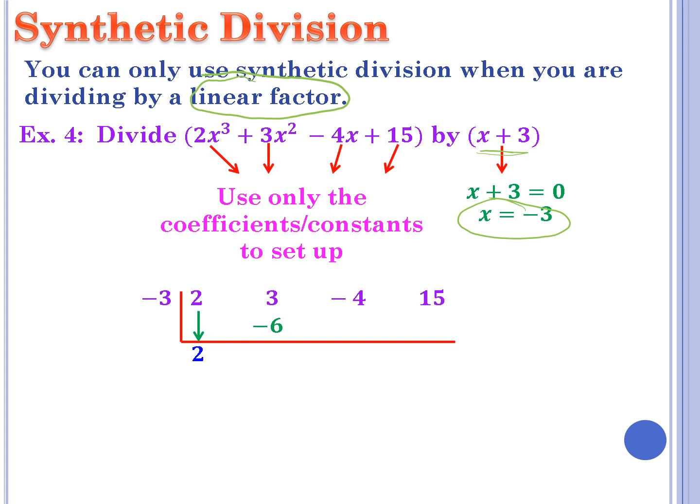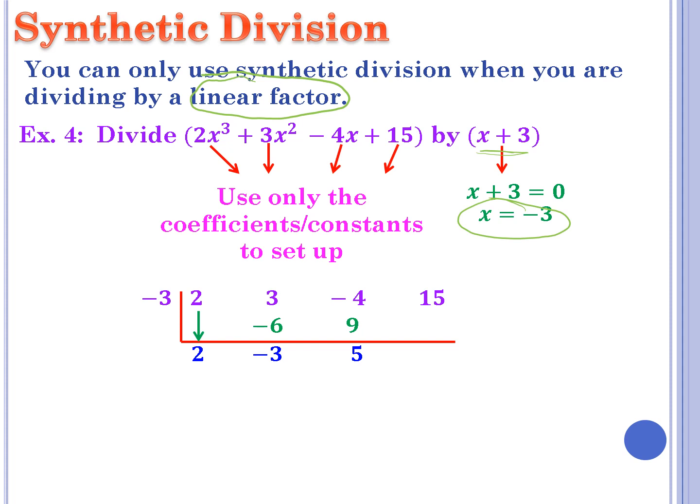And now I'm going to add down. So 3 minus 6 is -3. Now I'm going to repeat with the -3 that's in blue. So -3 times -3 is +9. I then am going to put 9 underneath the -4. -4 plus 9 is +5.